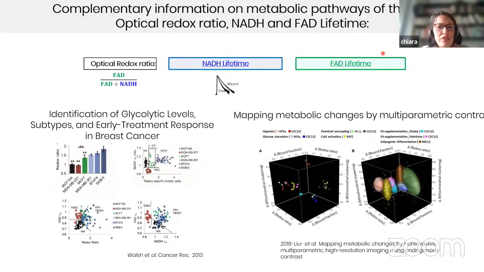It is still not fully understood what metabolic pathways they are reporting on, but you can see some examples from Melissa Scala's lab and Ari Georgioukoudis' lab, in which they use different types of metabolic biomarkers, and they can distinguish different types of metabolic fingerprints and phenotypes of cancer cells and stem cells. So this is actually very important and very interesting, and we want to develop more of this multiparametric imaging.